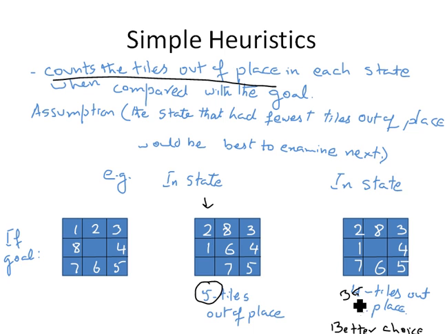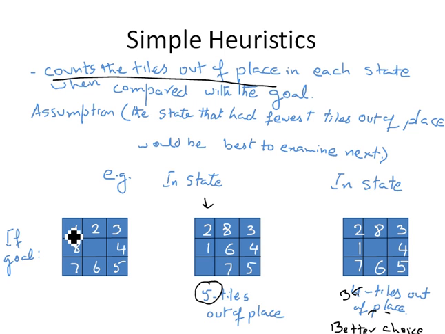So this is the better choice for our next state to go on to. And our assumption is that the state that has the fewest tiles out of place is probably closer to the desired goal, and it would be best to examine this next.